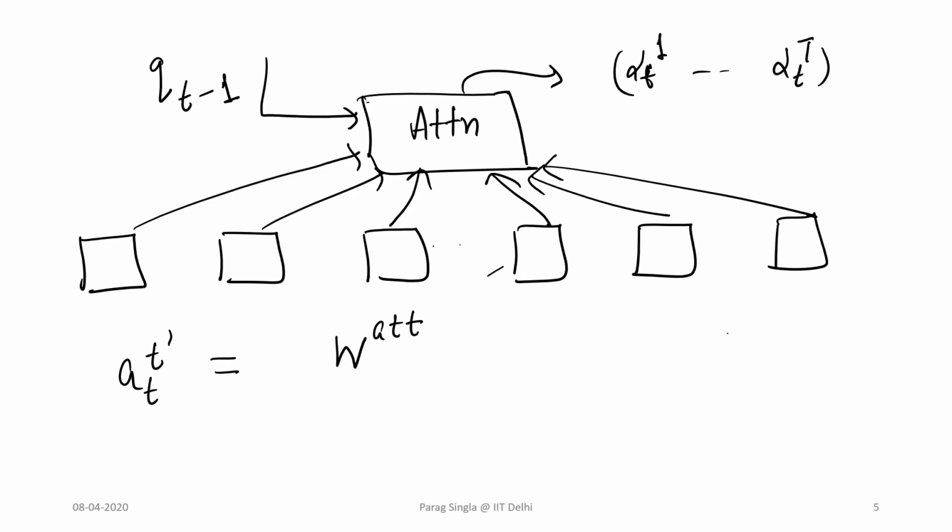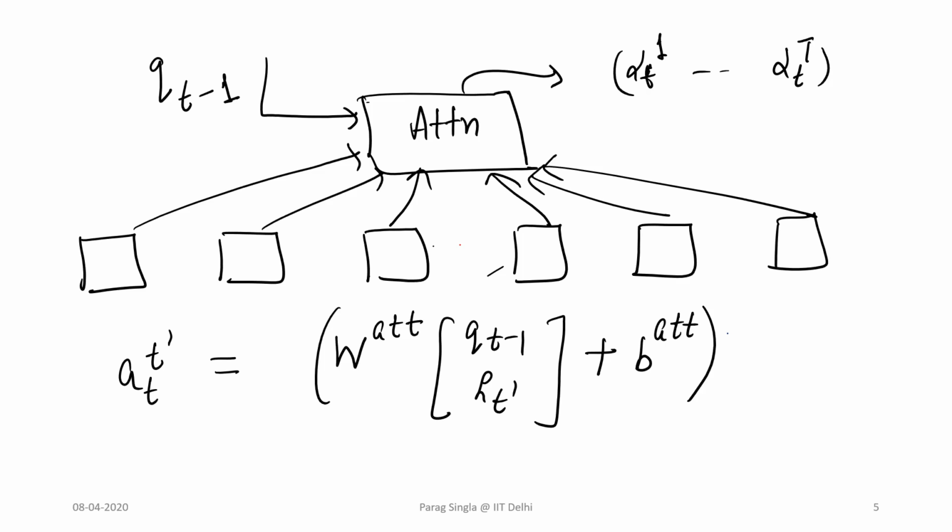So these take the weight matrix W attention, multiplied by q t minus 1 and h t prime, which is the hidden state at time t prime in the input, plus b, which is the bias term.